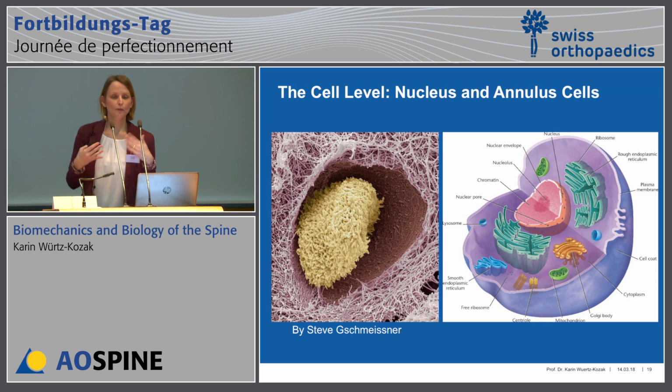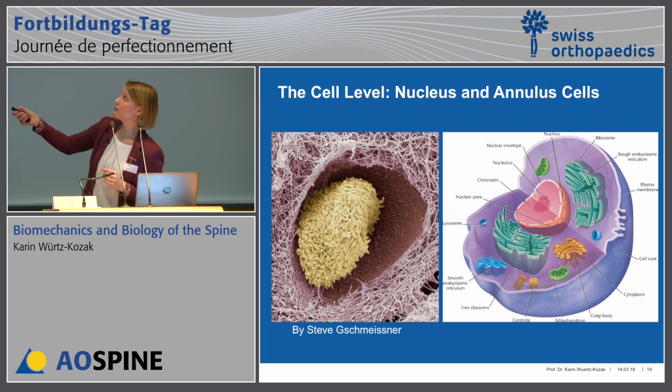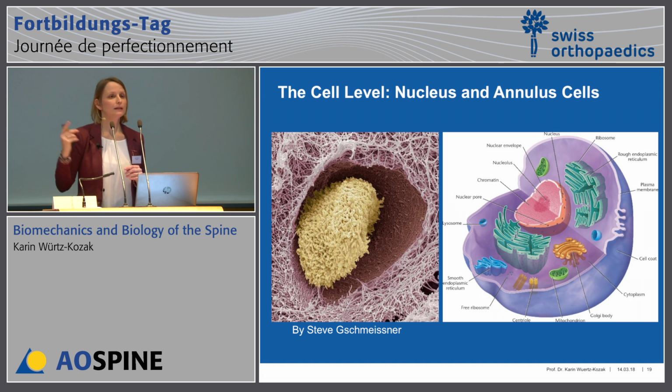Now, if we go one level lower, then we end up with the cells. We've already said there are different cell types, nucleus pulposus cells and annulus fibrosus cells, which are chondrocyte-like and fibroblast-like. And this is an SEM picture of a cell in its natural matrix. It is actually a chondrocyte, because I couldn't find an SEM picture of a nucleus pulposus cell that is so nice, but it would look very similar, with the highly structured extracellular matrix around, and then the cell sitting in a little bit of a lacuna.